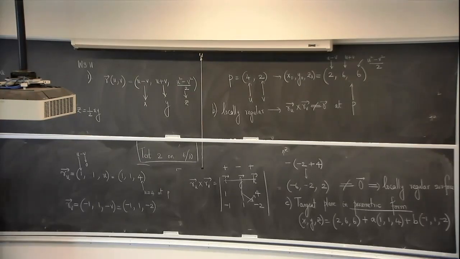Yep. That will pass through the point, which point? A, B are parameters. So what this says is that this is true for all values of A and B. So that includes the point 2, 6, 6, but you could give A equal to 1, B equal to 1. So A and B are parameters.